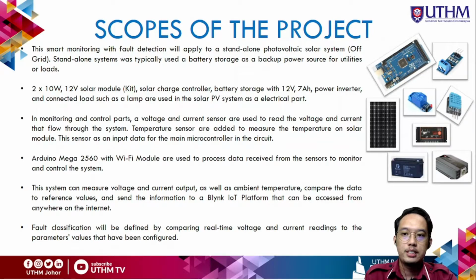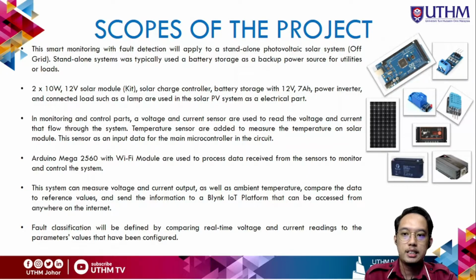For the first one, I will use a 10 watt 12 volt solar module, solar charge controller, battery storage with 12 volt 7Ah, power inverter, and connected to a load such as a lamp, used in the solar PV system as the electrical part.